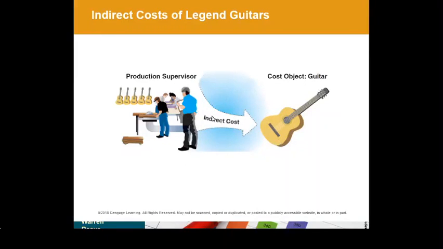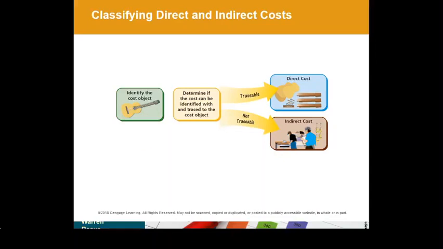Therefore, it cannot be seen directly, so it is considered an indirect cost. Whatever cost is traceable is considered a direct cost, and not traceable is an indirect cost. Something that you can see straight away from the guitar is usually considered a direct cost. However, any cost that is not directly seen in the product can be categorized as an indirect cost.